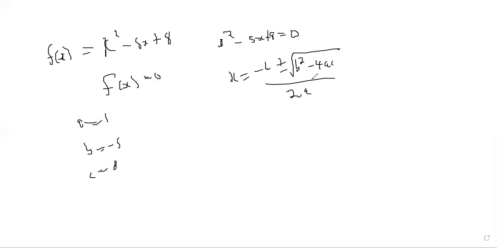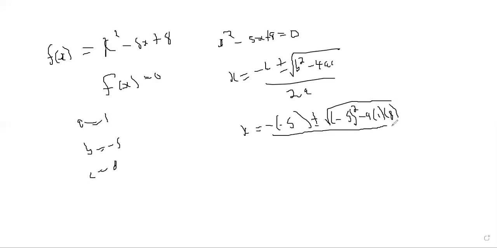Then from there, what you do is simply substitution, right? So x is equal to -5 plus minus b squared, which is -5 squared, minus 4. The value of a is 1, the value of c is 8. Don't forget that square root. All of this over 2 multiplied by the value of a, which is 1, right?